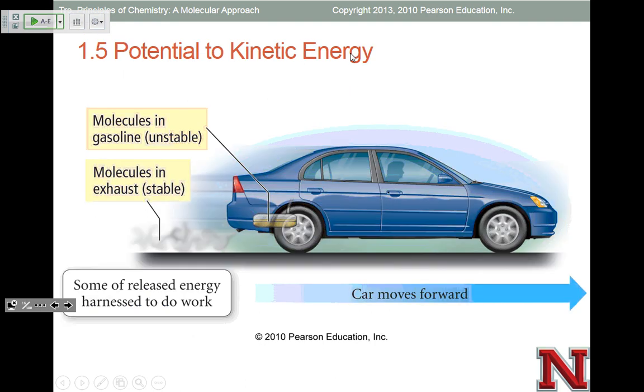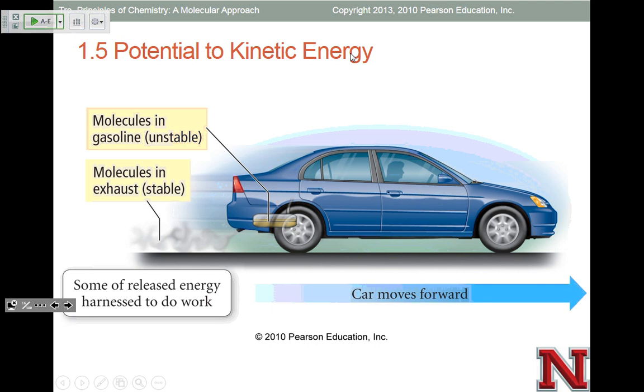So when we're talking about releases of energy, a good chemical process we can discuss is a combustion engine. Combustion is a chemical process, so what we're doing is burning. In the combustion engine, we have gasoline.